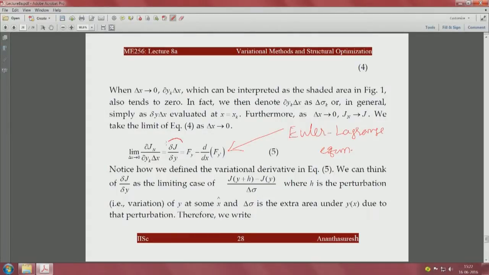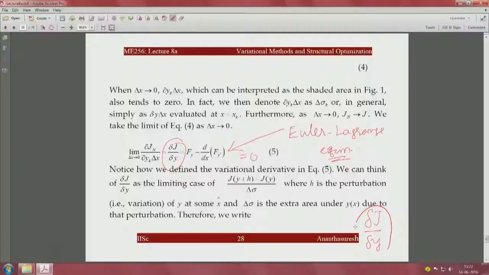But this particular quantity today we call the variational derivative, which is nothing but the Euler-Lagrange equation. When I say equation, I mean that something should be equal to 0, and we say this is equal to the necessary condition. But this quantity that we write, delta j by delta y, see today we discussed delta j which is the Gâteaux variation, dj which is the Fréchet differential.